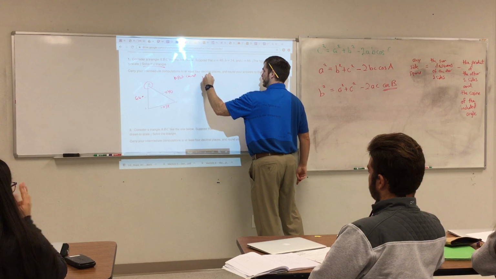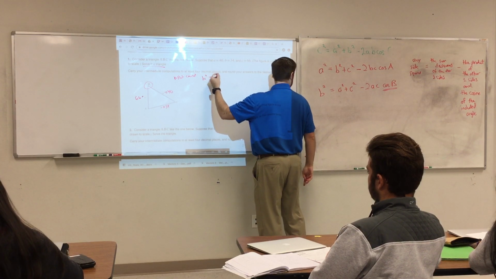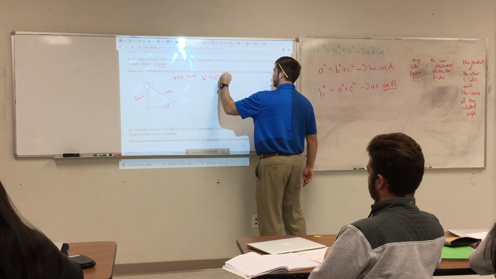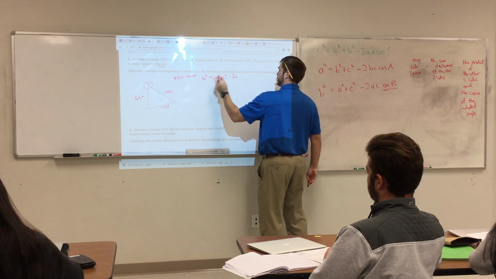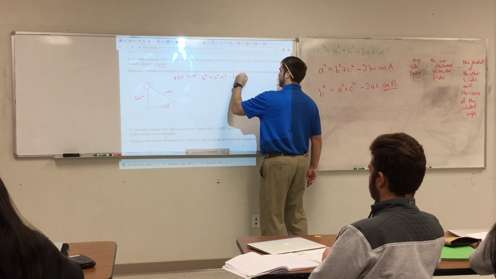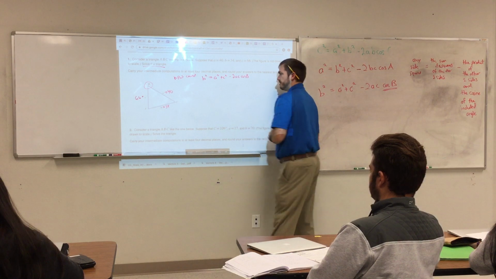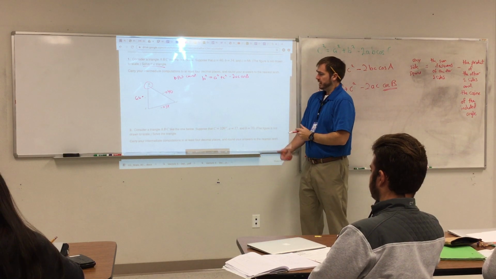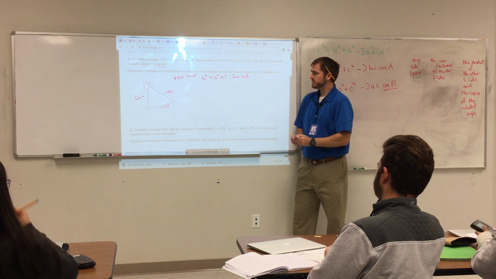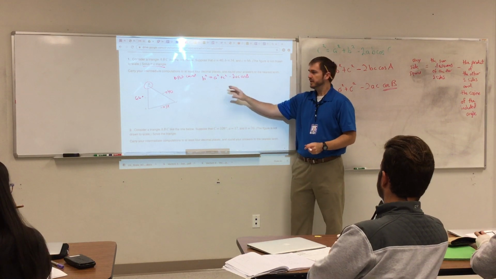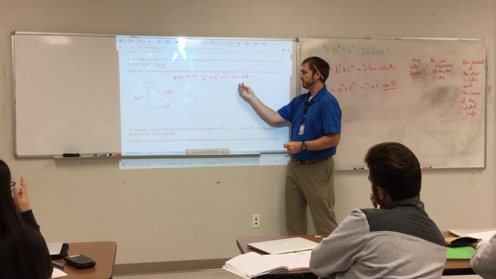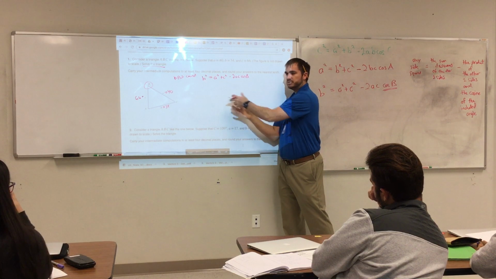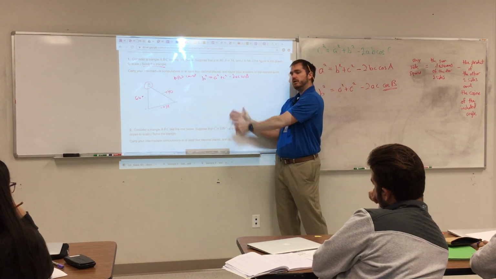So B squared equals A squared plus C squared minus 2AC cosine B. Now we have 2 options on this. We can start plugging in numbers, and then get a number here, and a number here, and a number here, and try to mash them up together, and then subtract them from both sides and play that whole game.